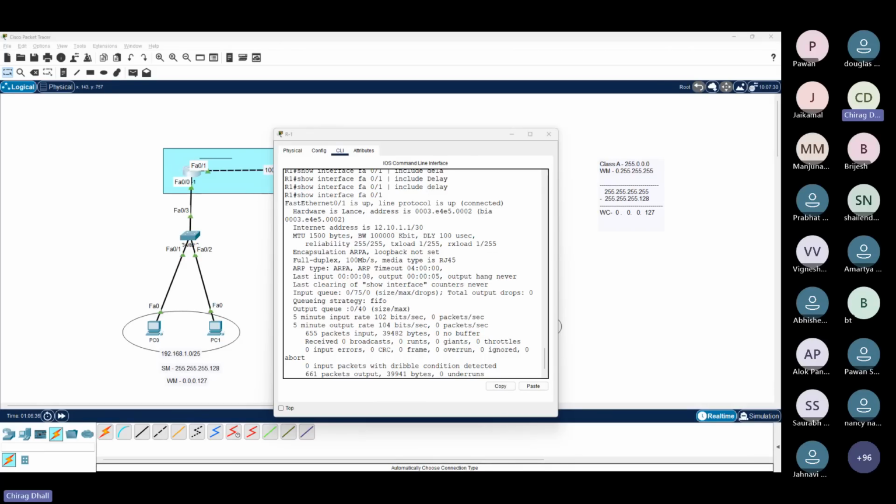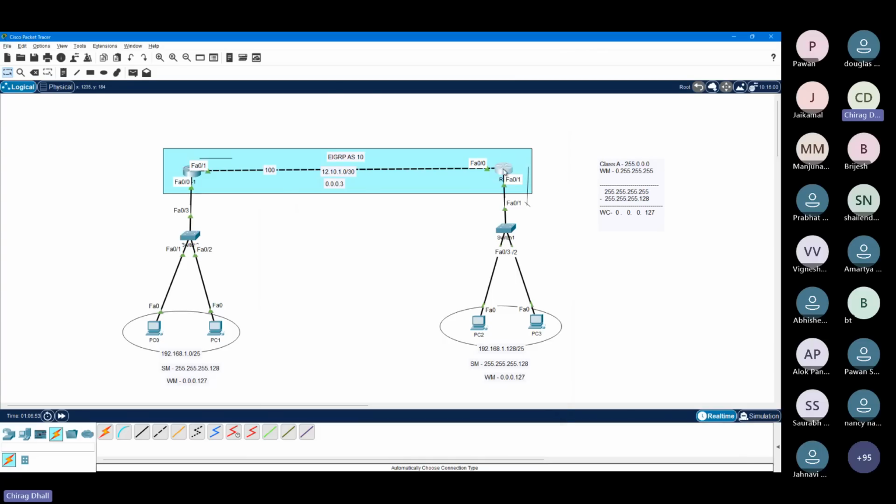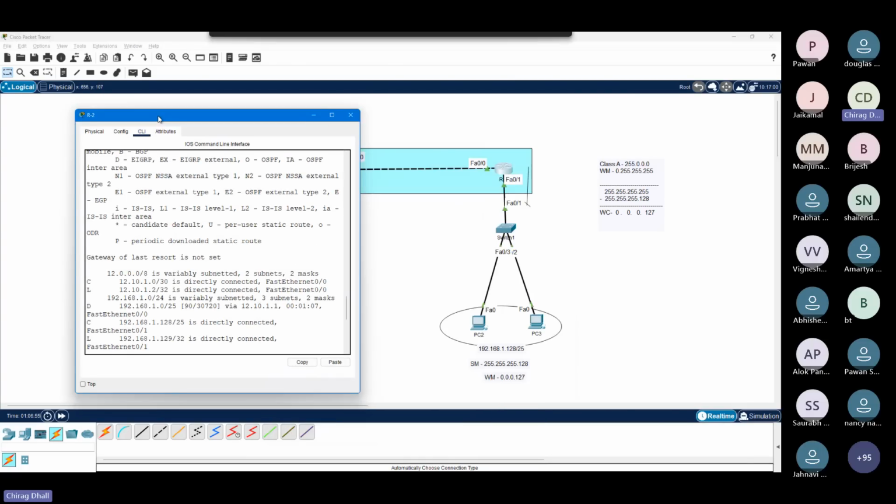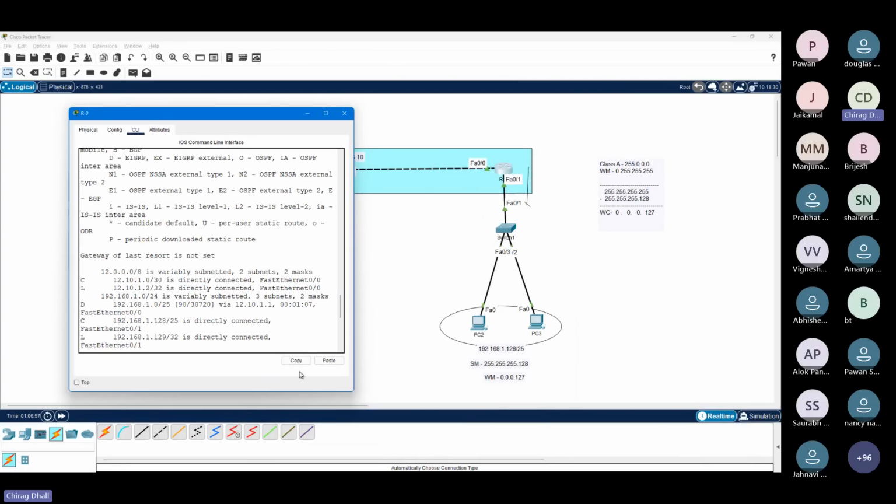We have it as 100, right? But like I defined earlier, it is configured in tens of microseconds. So we will take it as 100 divided by 10. Similarly, let's find out the delay of the other exit interface, FA0/1.